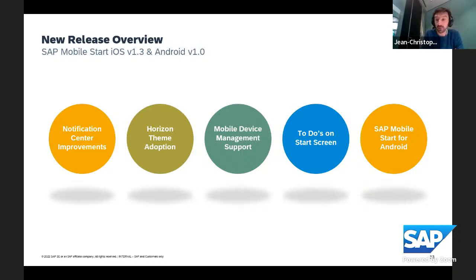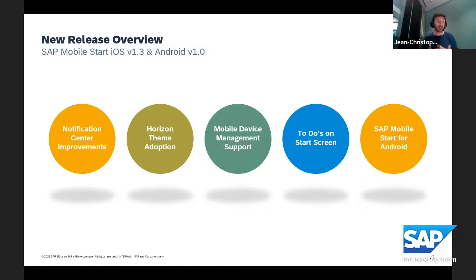One very important evolution and new change is the adoption of the Horizon theme. We believe it's much more usable for you, and we are improving the user experience by deploying this Horizon theming. It will be much easier for you to navigate through the application. It's a great improvement that our design team and our engineering team have worked on.